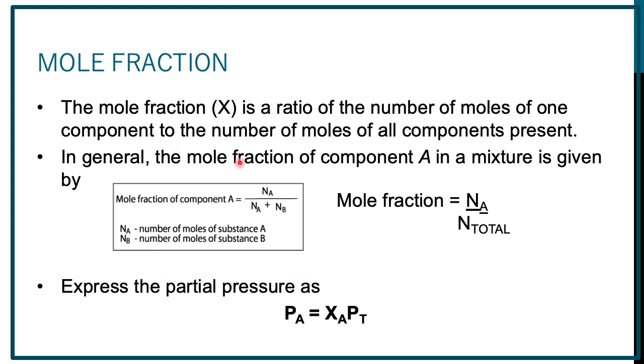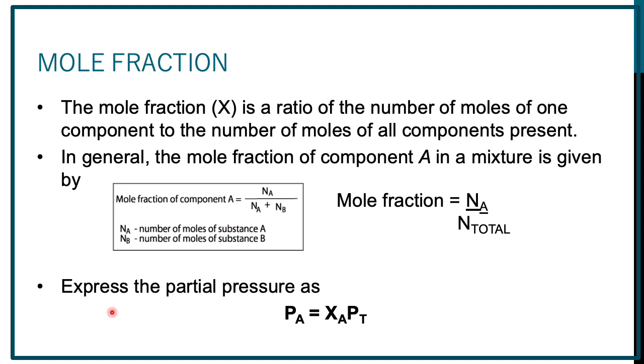So in general, the mole fraction of component A in a mixture is equal to the number of moles of substance A divided by the total number of moles. For example, if I have A and B, divide with Na plus Nb. So mole fraction is equal to Na divided by N total. So Na here is number of moles.